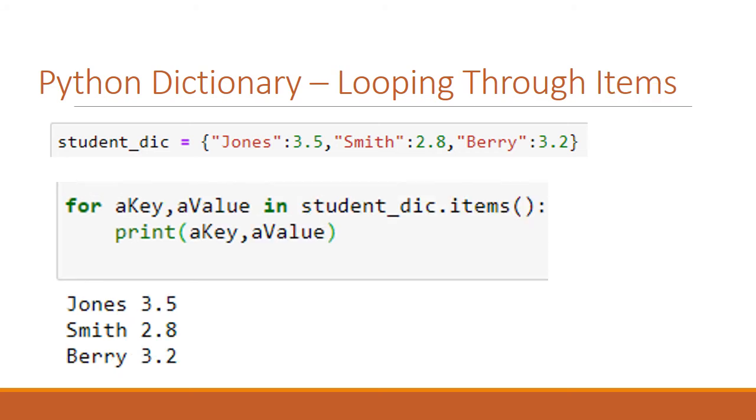We can use the dictionary's items method to access all the items within a dictionary. Here's an example of how we could print out the key and the associated values within a dictionary. We use our student dictionary example.